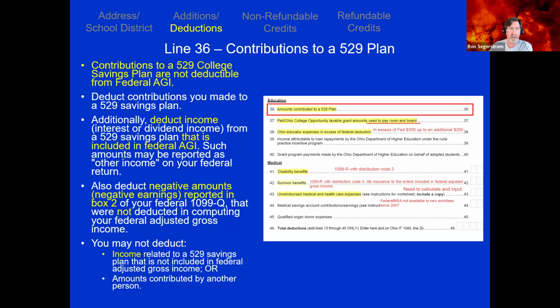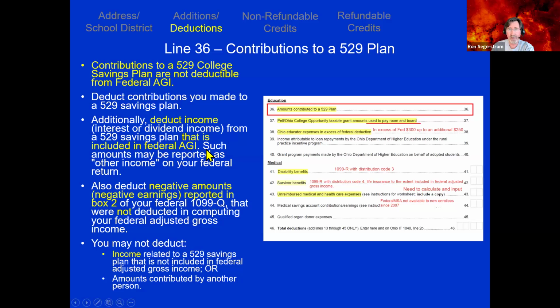So a 529 plan is a college savings plan, and they're managed by the states. They're not deductible for federal AGI. So you can deduct contributions to the 529 plan.